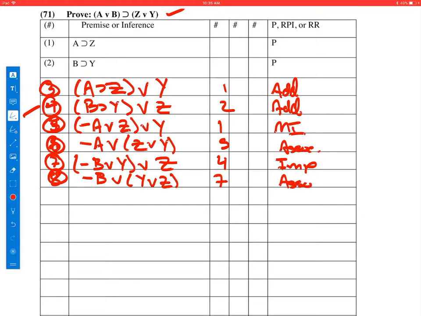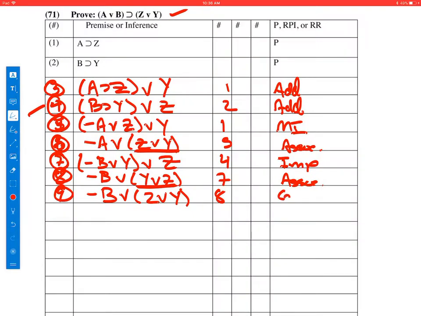Not B or Y or Z from 7 by associativity. So now look, I got a Z or a Y up there and a Y or a Z down there. They're almost the same. Let me change the last one, 8, to B or Z or Y. Okay. 8 by com.